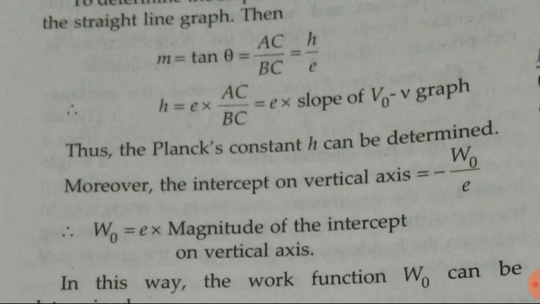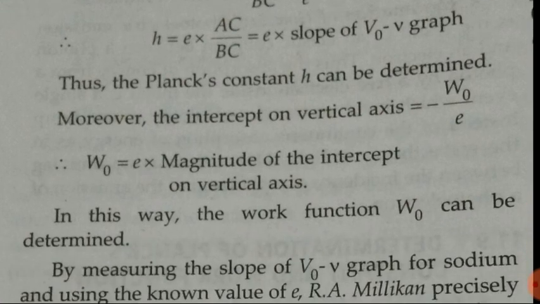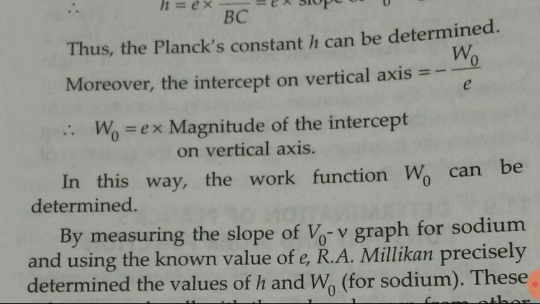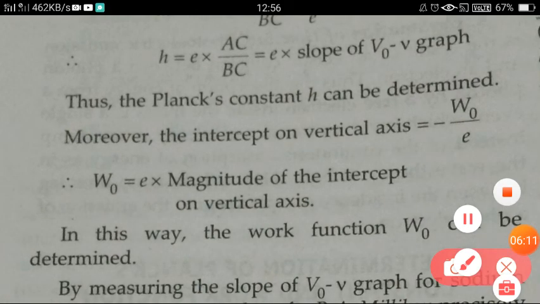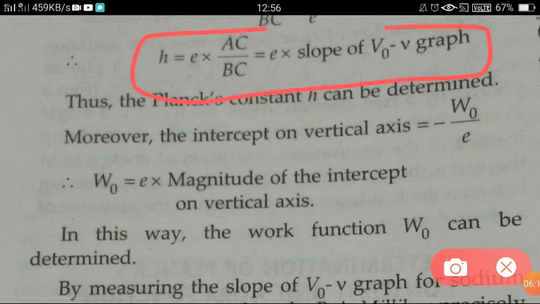Moreover, c shows the intercept on the vertical axis, which equals minus W naught upon e. So W naught equals e into the magnitude of the intercept on the vertical axis. So from the slope and graph method, we have derived the value of h as well as of the work function.